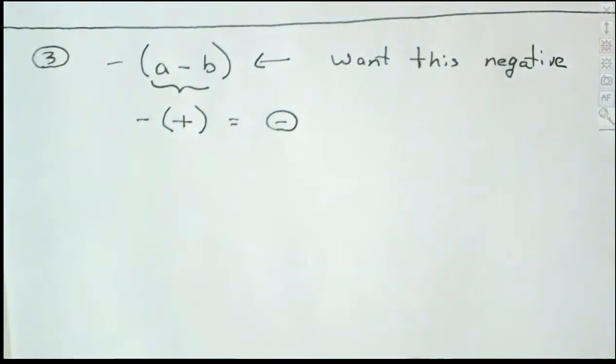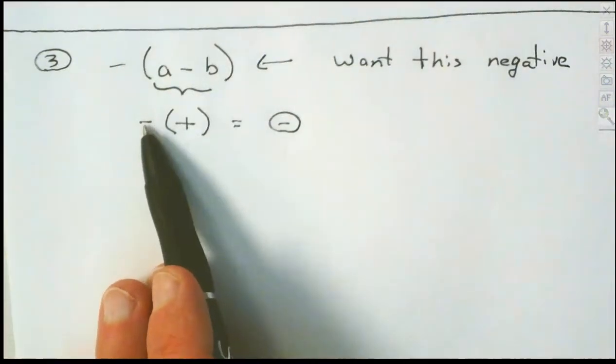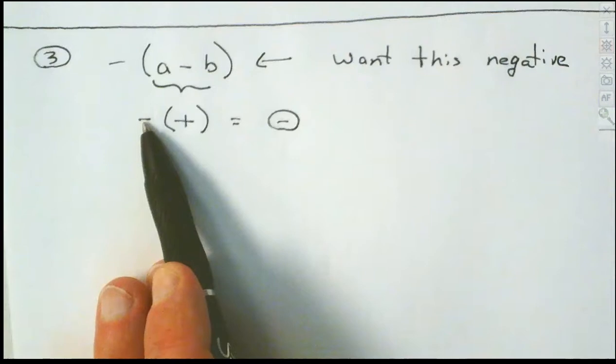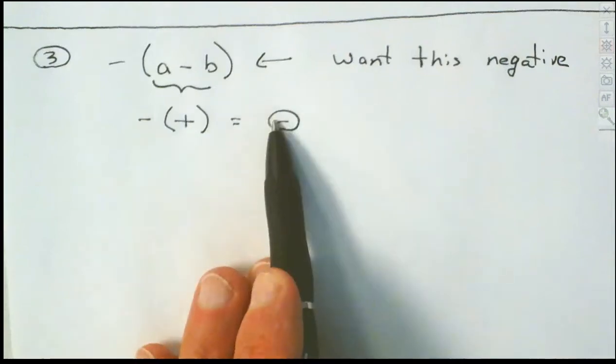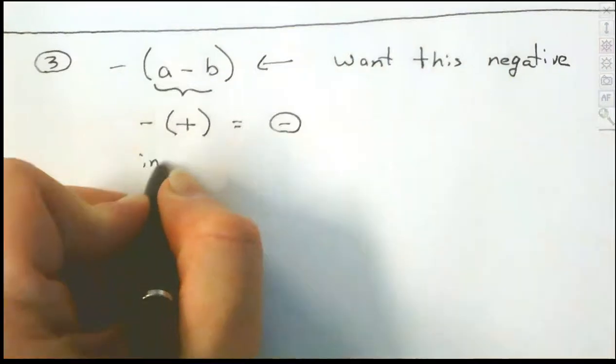So that tells me if I want my overall answer to be negative, the inside has to be what? Positive, right? Because if the inside is positive, that negative out in front is going to make my answer negative. So when I look at this, I know I need to make sure that the inside's positive.